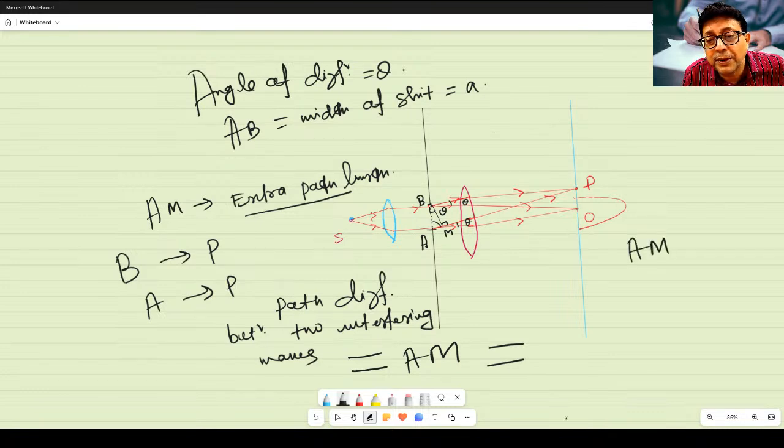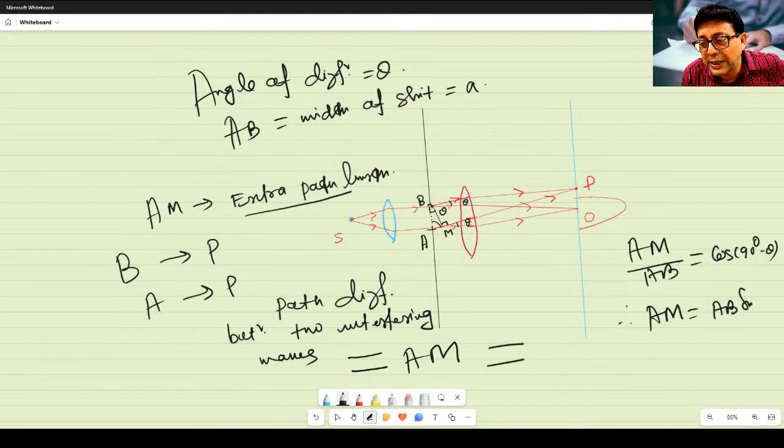So AM by AB is required. AM by AB is cos(90 minus theta). Therefore, AM equals AB sin theta. AB means a. That is a sin theta.